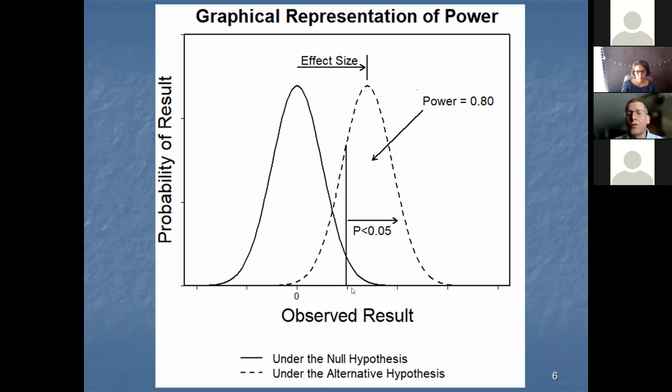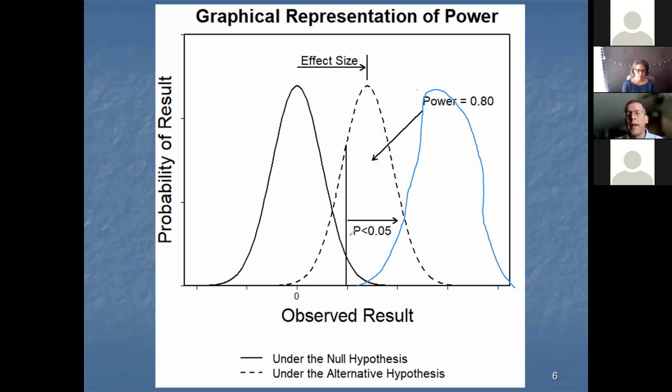Well, this line is going to stay the same. I'm going to have a new alternative hypothesis, and I'll exaggerate it here, okay? That's going to follow this same shape, but just be shifted to the right, okay?